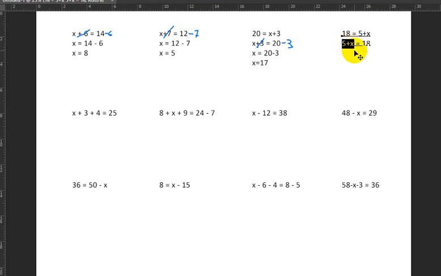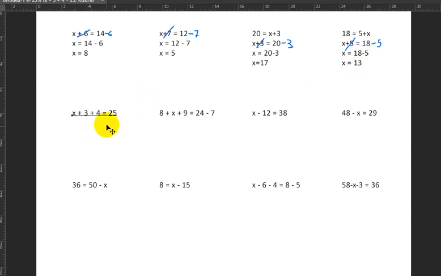So 5 plus x can be turned into x plus 5. You can write it like this if you want to. Again, only in addition. And then we cross this out and it becomes minus 5. So we're left with x equals 18 minus 5, which means that x is equal to 13, because 18 minus 5 makes 13.